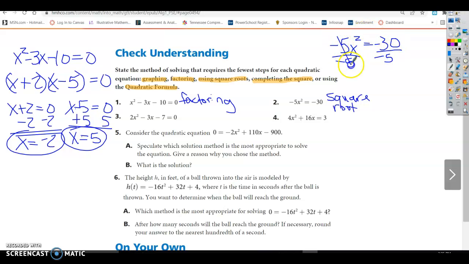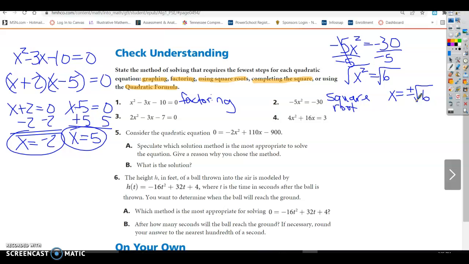Quickly, I can divide by negative 5. X squared equals, divide 30 by 5, I get 6. I'm going to take the square root of both sides. X equals plus or minus the square root of 6. So that's not a perfect square. Take it, but 2 times 3, neither one's a perfect square, so you are done at that point.